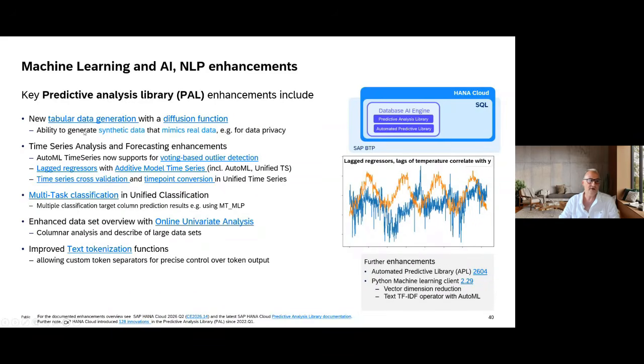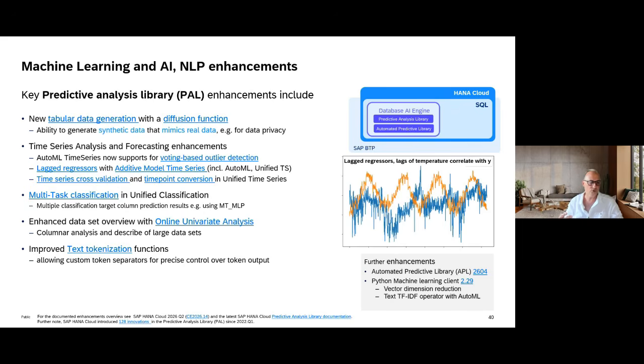So there's a new function for tabular data generation with a state-of-the-art algorithm called the diffusion function. Basically what this algorithm does is learn the distribution of the data and continuously add noise to the model, understanding the data until the data looks completely random within the model, and then take away that noise again to be able to come back to the original data.